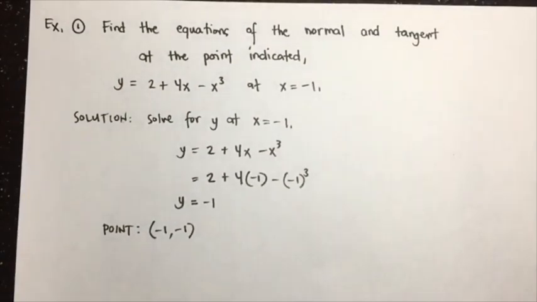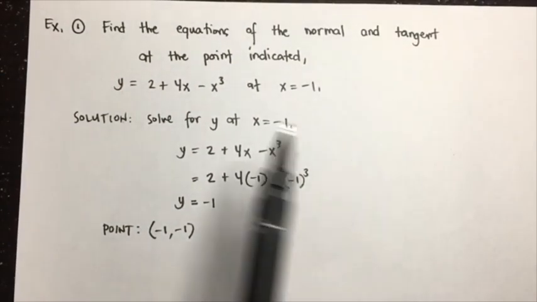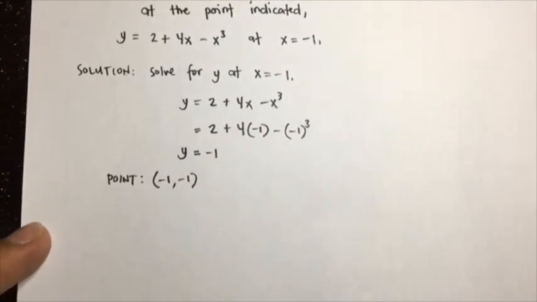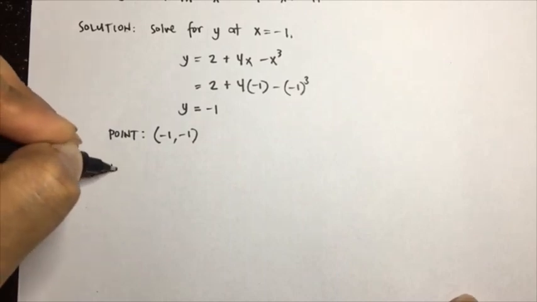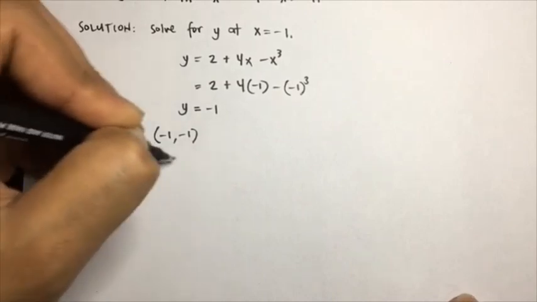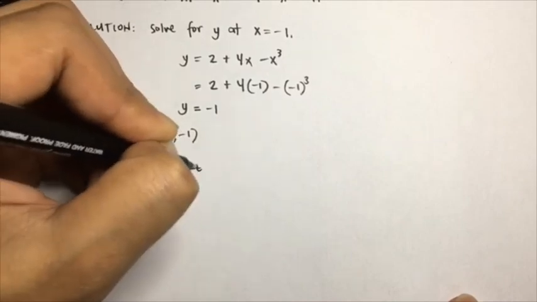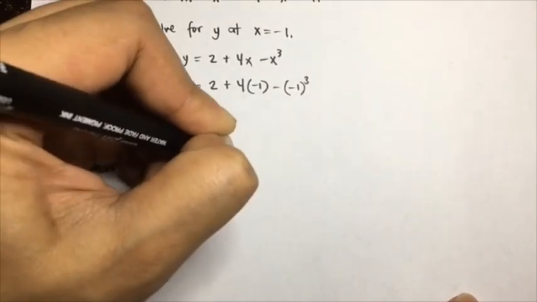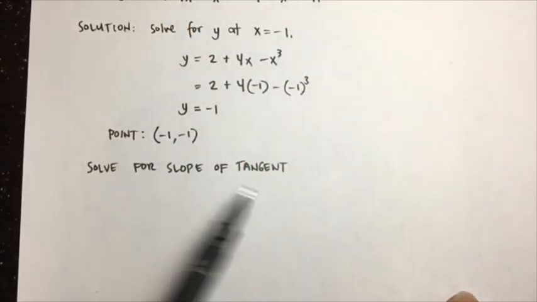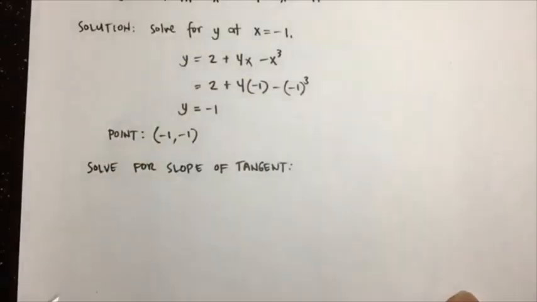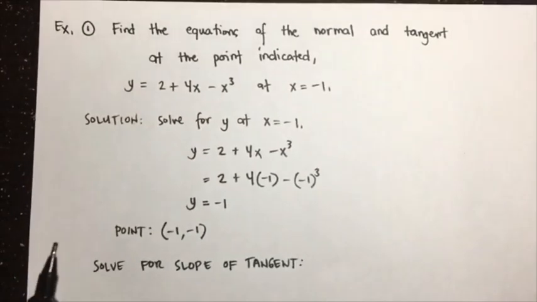Okay, so the next thing we're going to do is to solve for the slope of the tangent line. Earlier, as we have discussed, the derivative describes the slope of the tangent line.